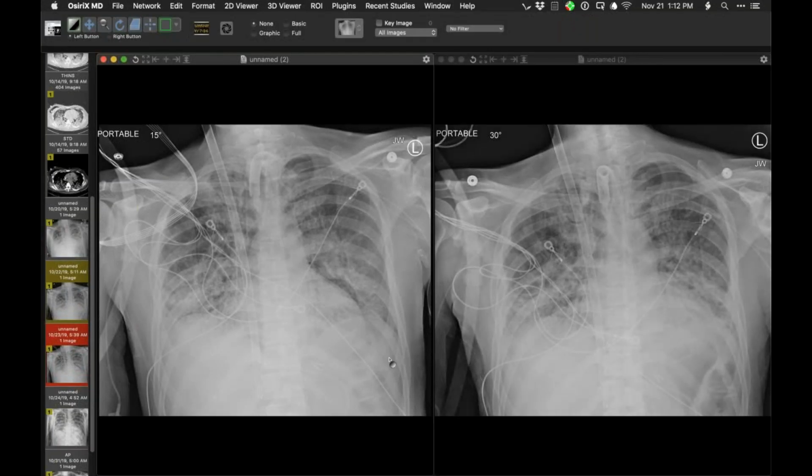And then I want to show you one other thing, and that is when you look at the left ventricle here, the left cardiac margin, notice compared to here that now we have a sharp interface between the heart and air. We didn't before.